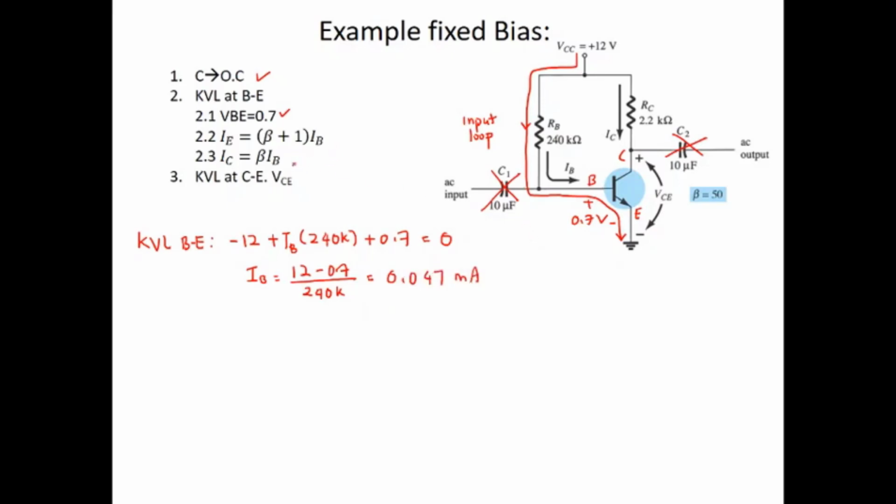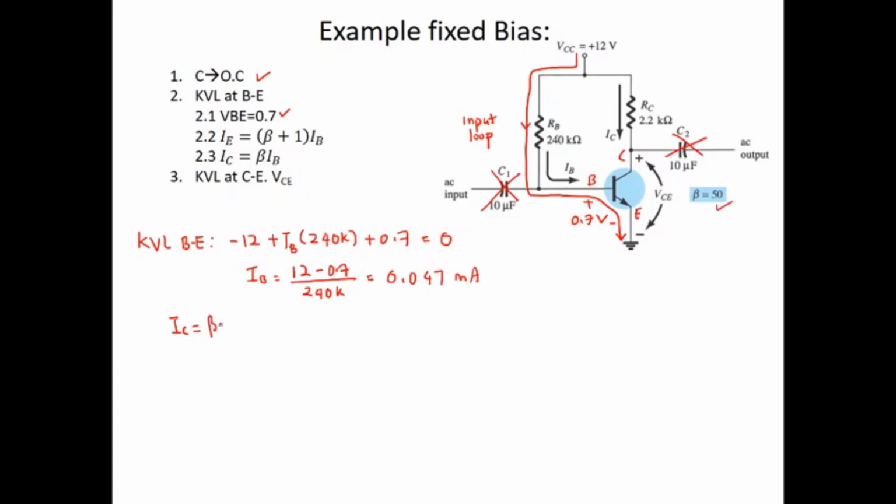So when you get the IB, you can calculate the ICQ or IC. IC is equal to beta IB. So how much is the beta? Beta will usually be given. So beta is 50.